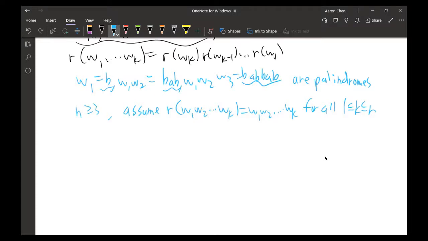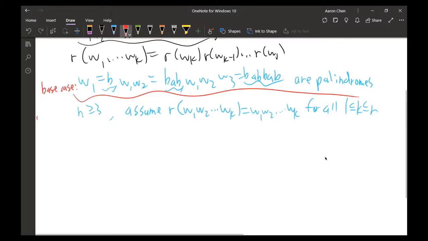And so this is really what we want to prove. And so this is basically the base case for the induction, and this is now the inductive step.